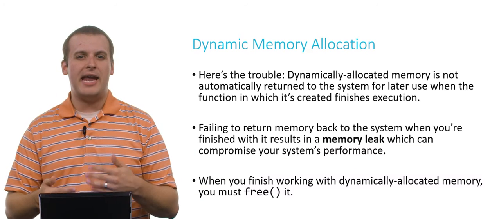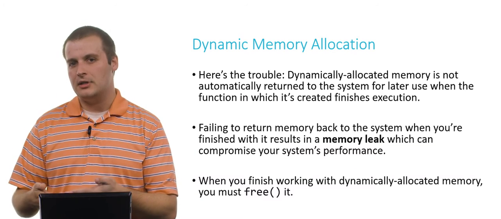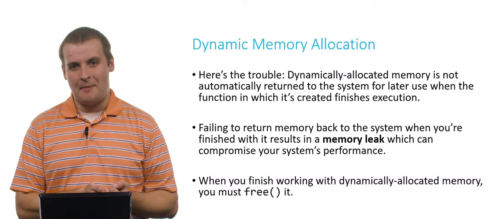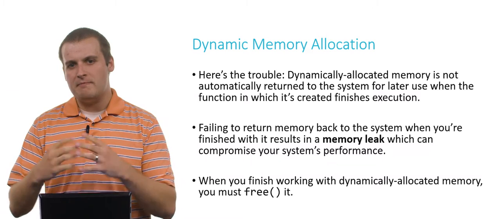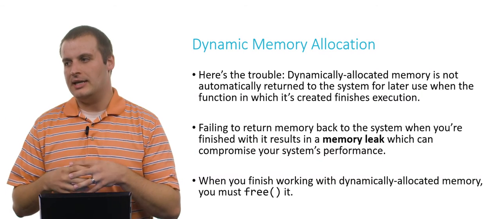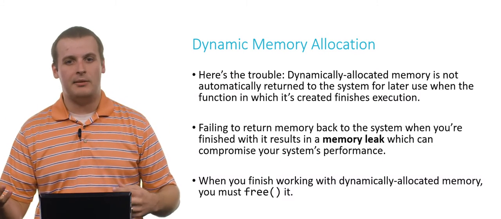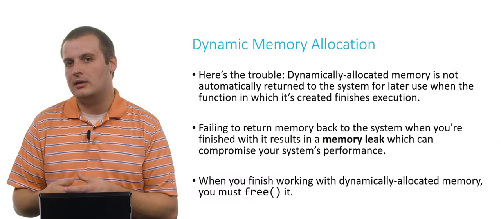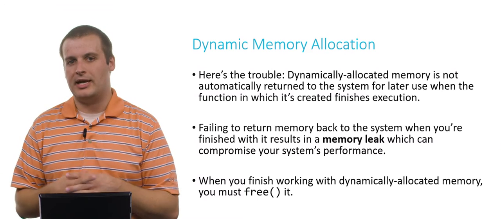So if we have main, and main calls a function f, when f finishes whatever it's doing and returns control of the program back to main, all of the memory that f used is given back. It can be used again by some other program or some other function that gets called later on in main. It can use that same memory over again.